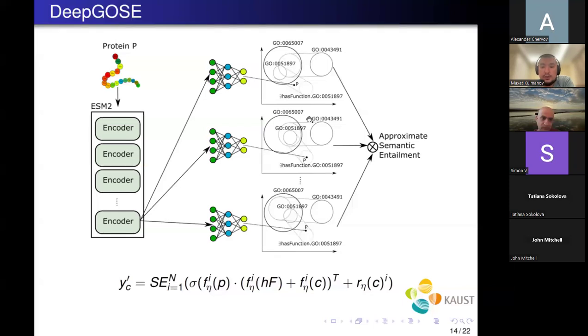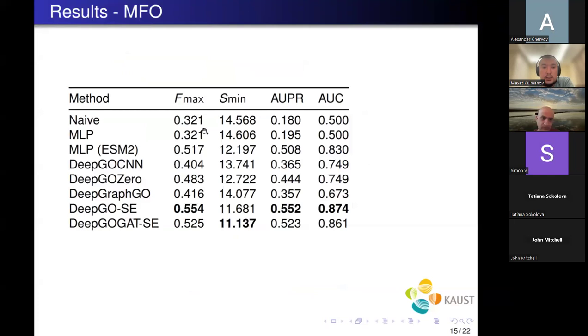So we specifically optimize this for this task. Here we also incorporate the protein-protein interaction networks using the graph attention network.